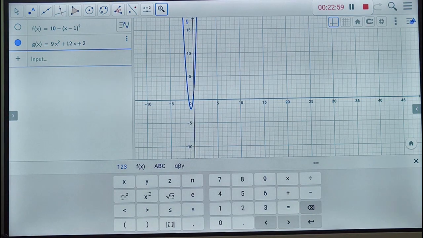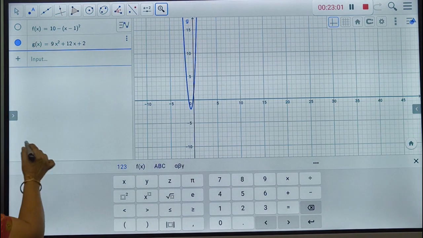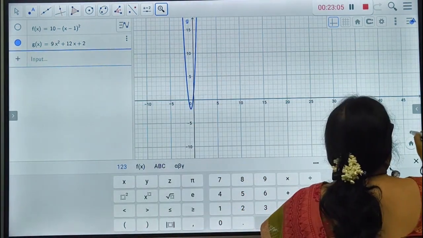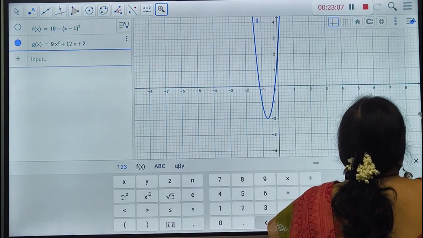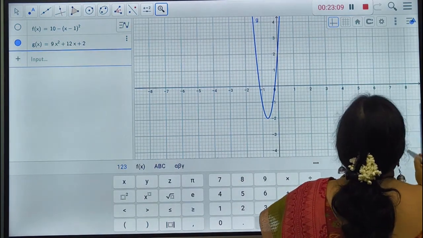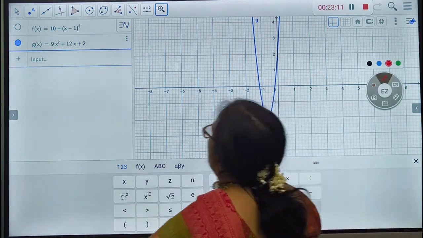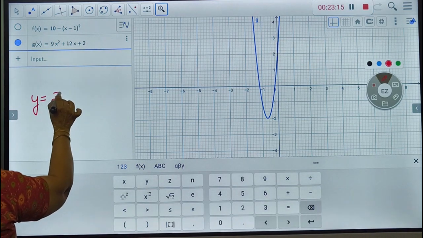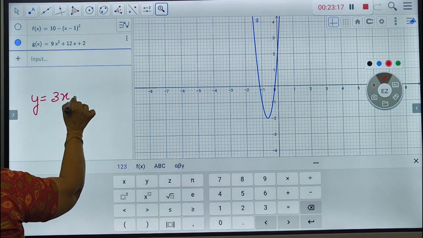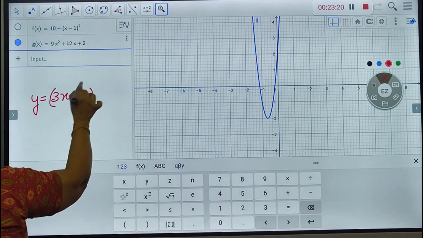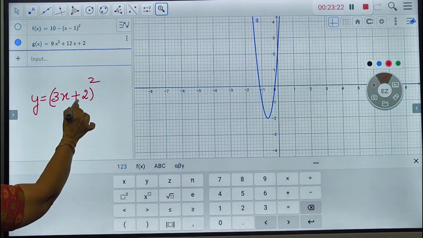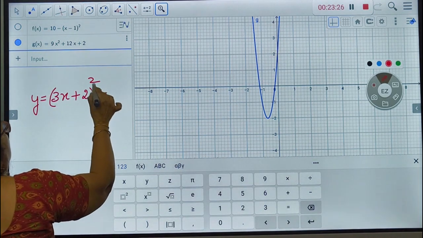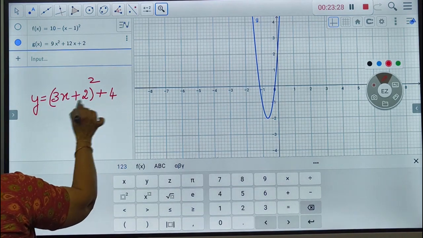Now we did the completion of square. You had y equal to 3x plus 2 the whole square. What will I get? 9x square plus 4 plus 12x, plus 4. So I have to add 2. So this becomes 4.